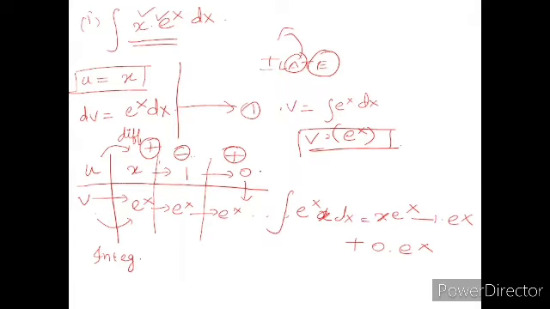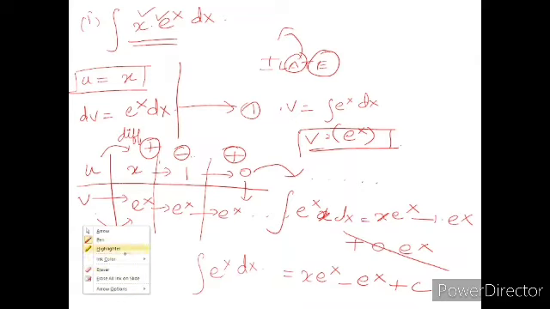So if you differentiate 0 infinitely many times, you are going to get 0. So your integral will stop over here, correct? So x e to the power x minus e^x plus c, because it is an indefinite integral, is the answer for this question.